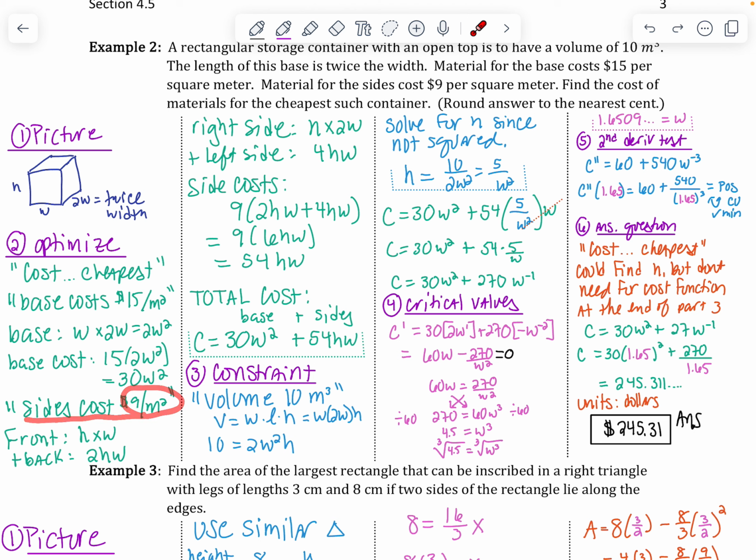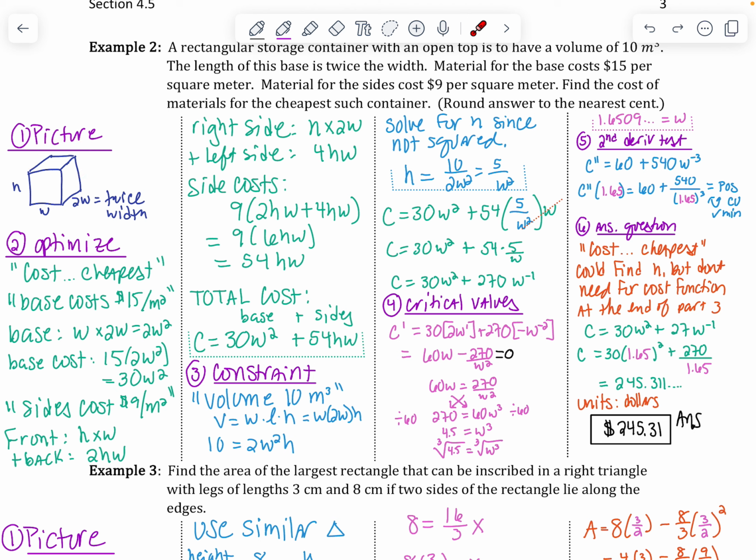Now, in terms of the sides, they're $9 each. But here's where you've got to be careful. The front, as you can see, is width times height, but I also have a back. So width times height twice is 2HW. I have the right side, so let's move this H over here. I need to multiply H and 2W, but I also have that left side that you can't see.